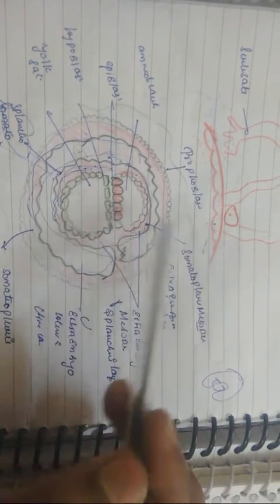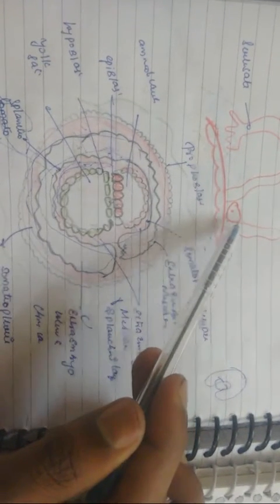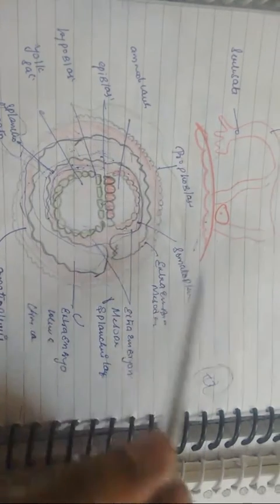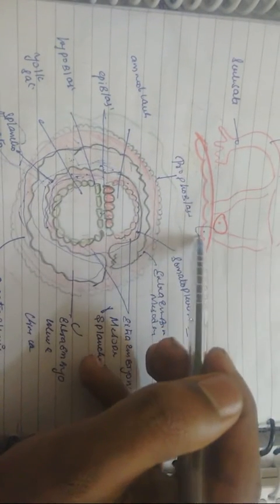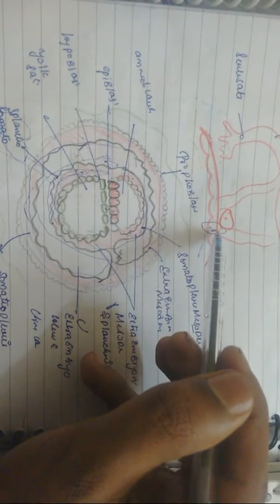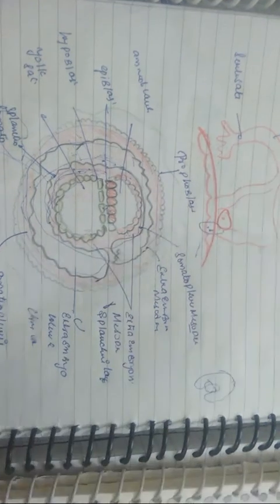So from outside to inside, let us see the structures. You can see the first structure. These are the blood vessels. You can see the blood vessels of the uterus, because the embryo goes and binds to the blood vessels, and with that we will be dealing. Right now this uterus has blood vessels. So first is the endothelium of maternal blood vessels.